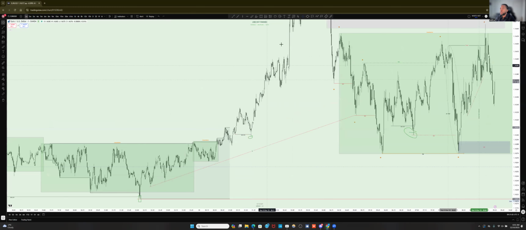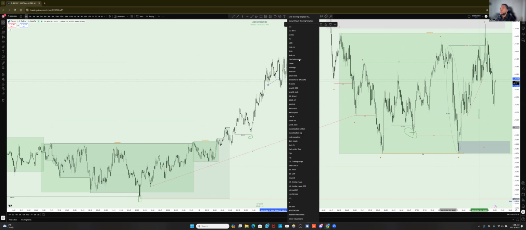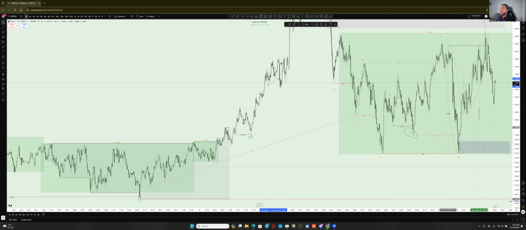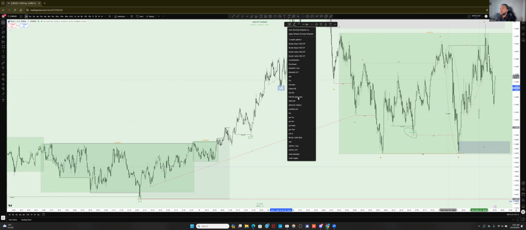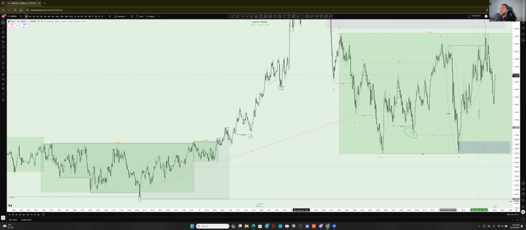Okay, we reached these levels. What did price do? Price once again gave us a build up of trend lines, came down, induced these trend lines, and it led to, once again, another break of structure.